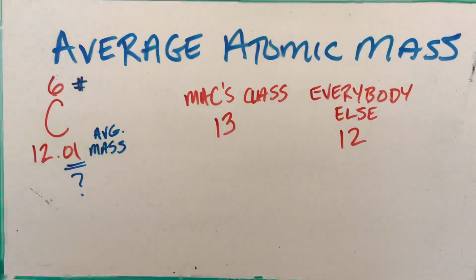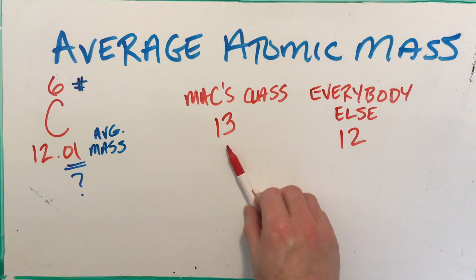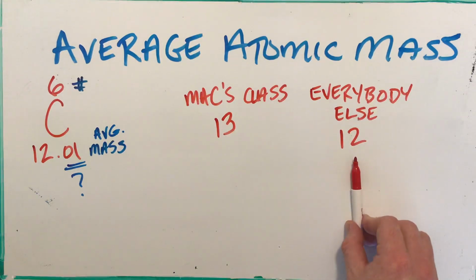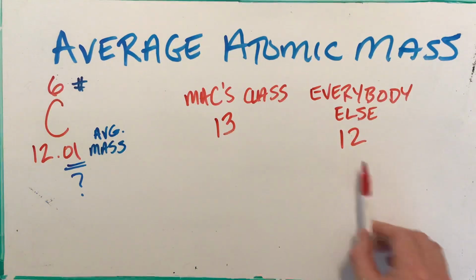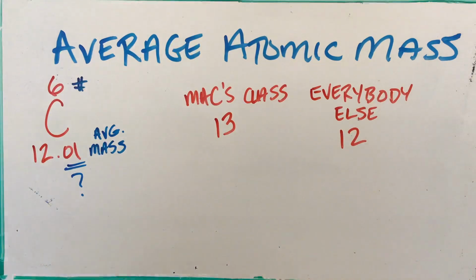All right, so the principal wants to get the average for the class. So there's two ways of doing this, all right? So the average of all the students that took the quiz. Everyone in the entire school took the quiz. So our chem class, we got 13 on the quiz. Everybody else in the entire school got 12. All right? There's two ways of calculating the average for this.